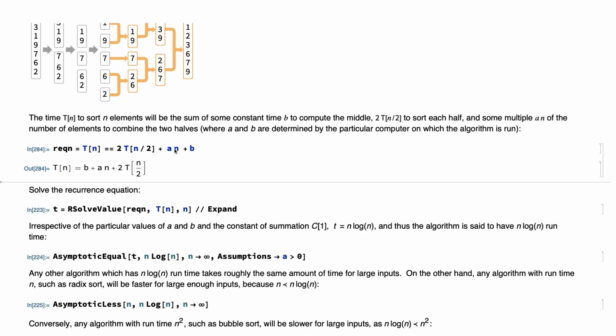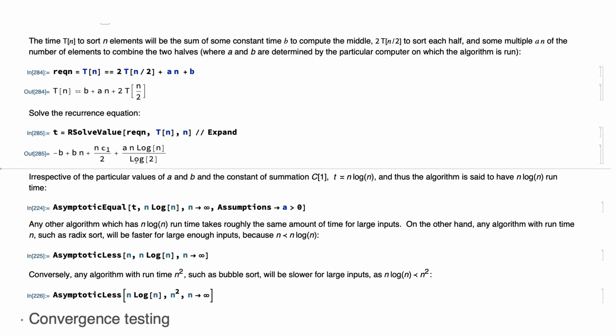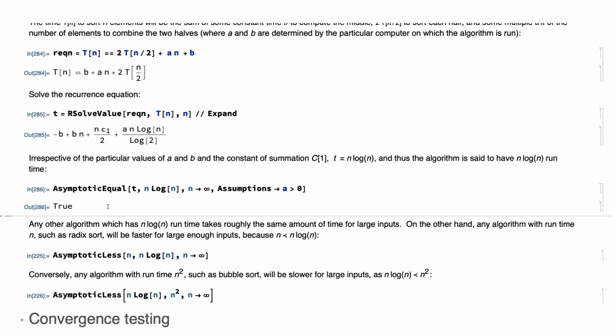So the time T of n to sort n elements will be the sum of some constant time b to compute the middle, because we're splitting it in the middle, 2 T of n over 2 to sort each half, because it's a recursive algorithm. We split it once, then we sort each half, combine them, and some multiple a n of the number of elements to combine the two halves, where a and b are two positive numbers determined by the computer and your compiler and whatever else determines how fast these instructions actually run.